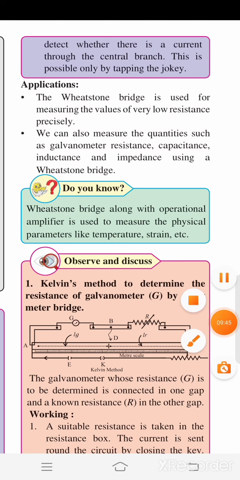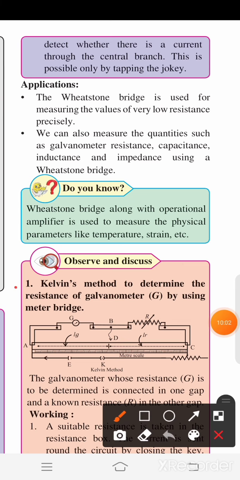Students, after seeing Wheatstone's meter bridge, we see Kelvin's method, which was designed by scientist Kelvin to determine the resistance of a galvanometer using a meter bridge.